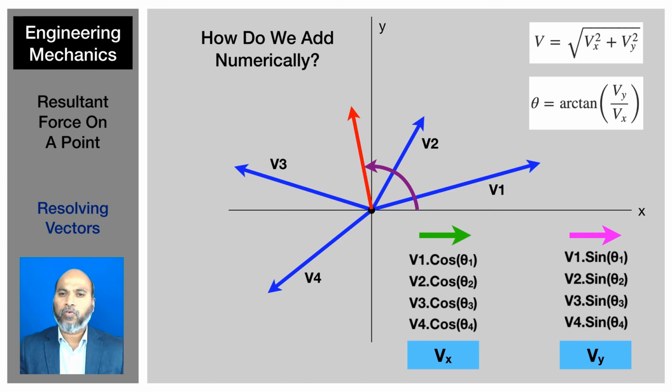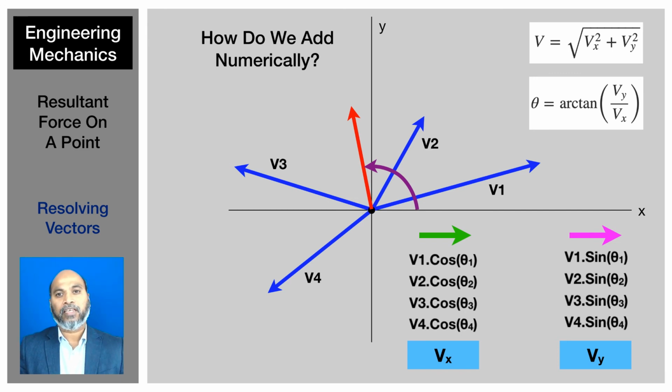So using these formulas, you can calculate the magnitude and the angle of the resultant vector. So this is how to determine the equivalent or the net force or net effect of all the forces that are acting upon a body.